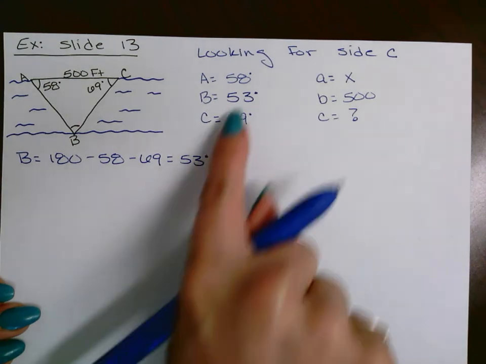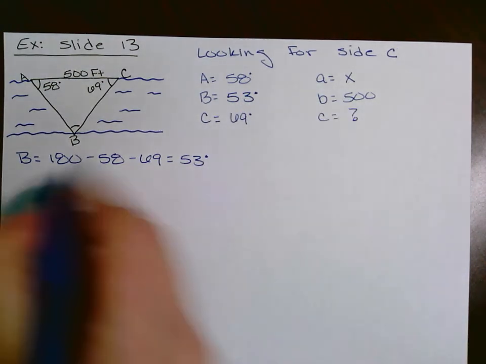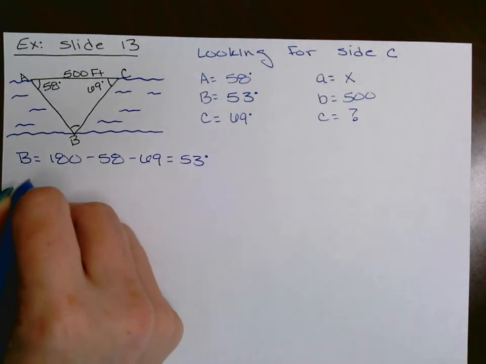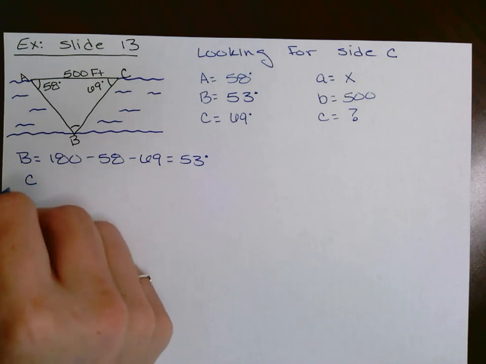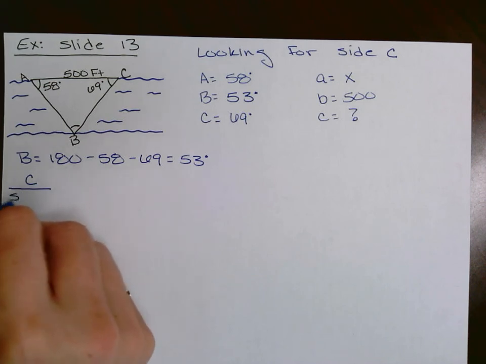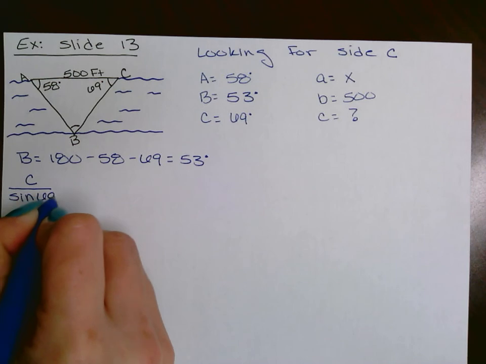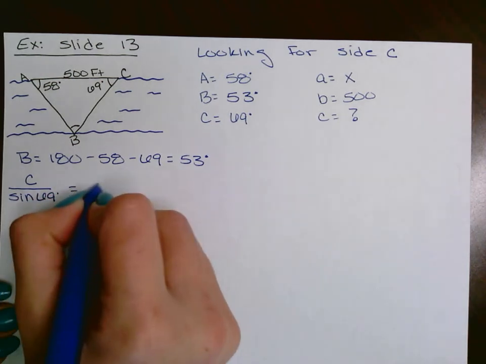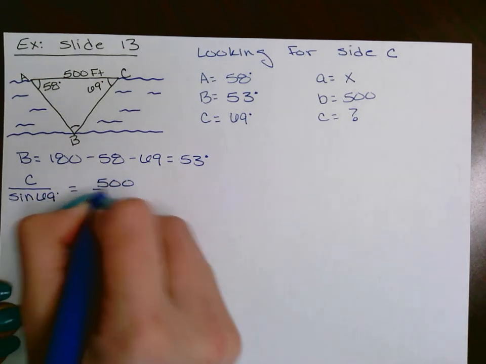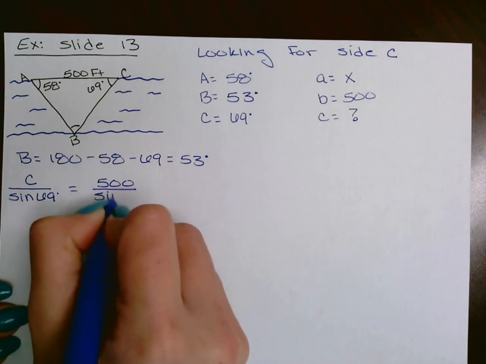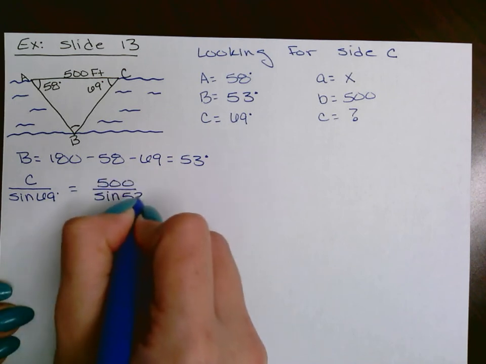Okay. Now I have my match that I can set up to solve for little c. So I can say little c over sine of 69 equals side B over sine of angle B.